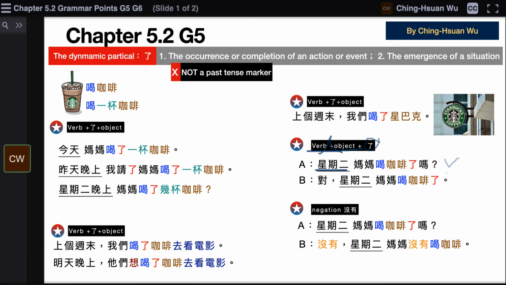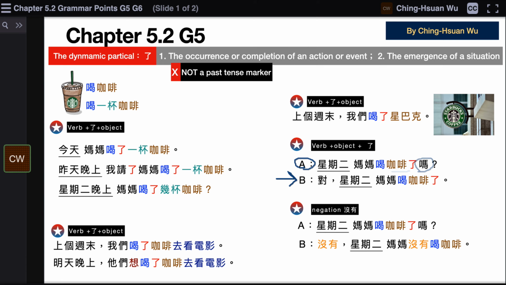星期二 Tuesday, 妈妈 mother, 喝 to drink, 咖啡 coffee. Ma is a yes or no question marker. Did she or did she not have coffee last Tuesday? Person A says that.